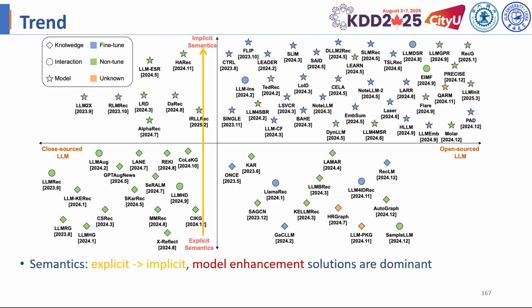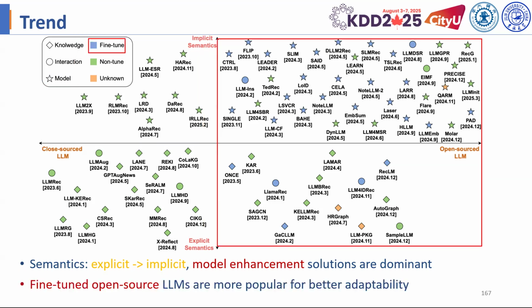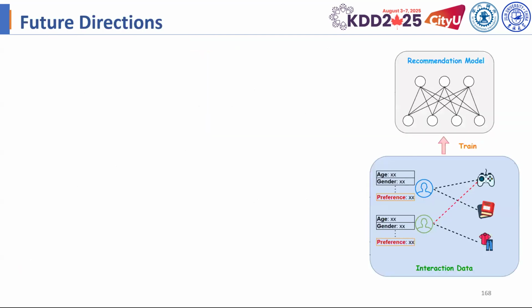For the semantics, we can find that researchers initially explored the explicit semantics and nowadays focus on implicit semantics, especially the model enhancement solutions, which are in the shape of stars. And for LLM types, open source LLMs that can be fine-tuned for recommendation tasks are more welcomed due to the low deployment costs and high adaptability.